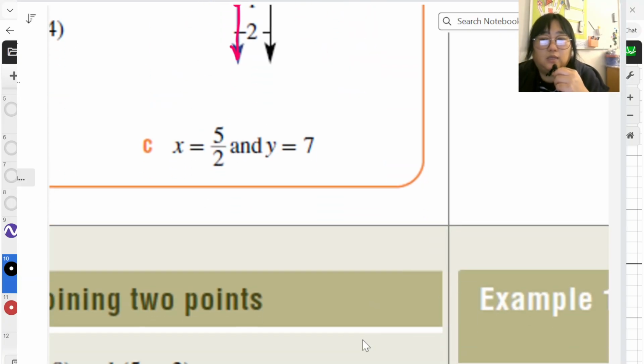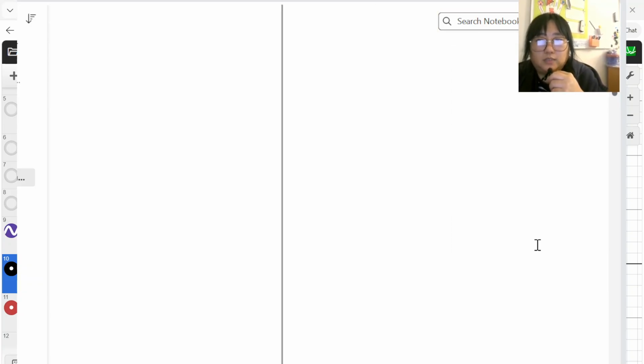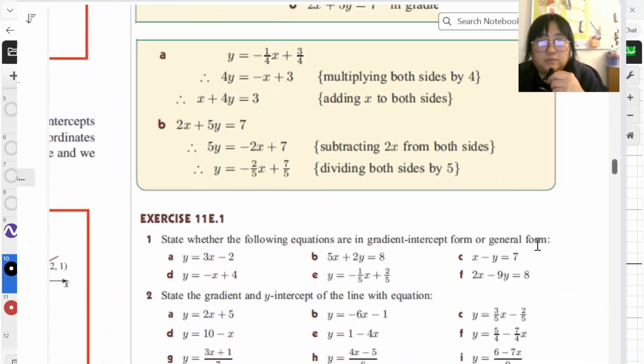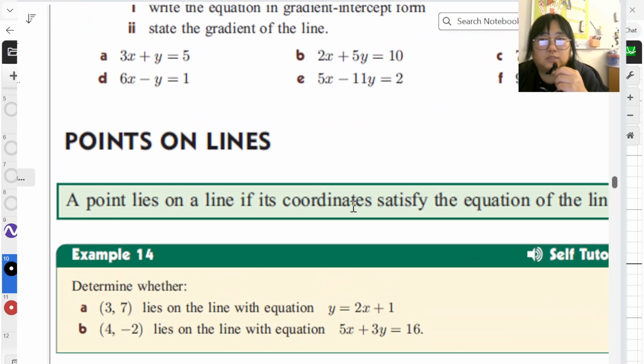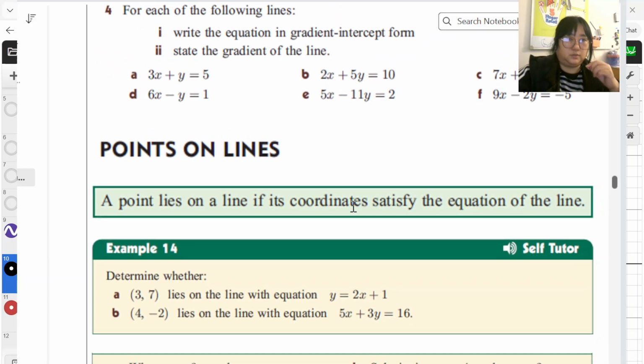Okay, so now we will check the last kind of question. If I have 1 point, how can I prove this point is on this straight line or not on this straight line? That is the key note you need to know. If you want to know whether a point is on a straight line, its coordinates will satisfy the equation of the line.